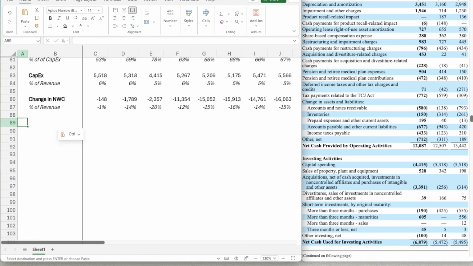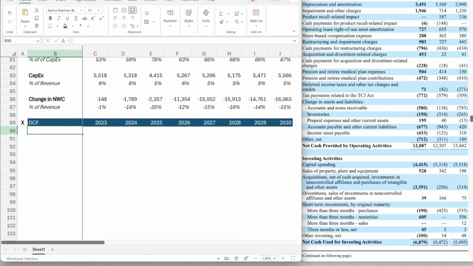Let's move on to the actual DCF now, and this will get us to the unlevered free cash flow.